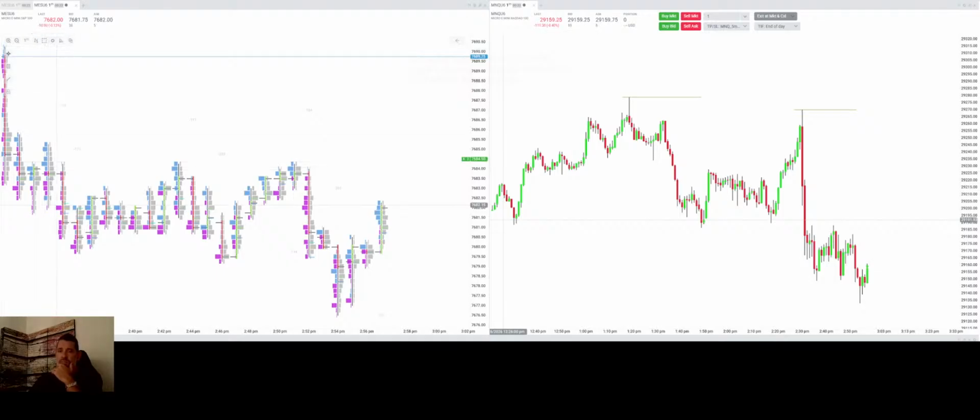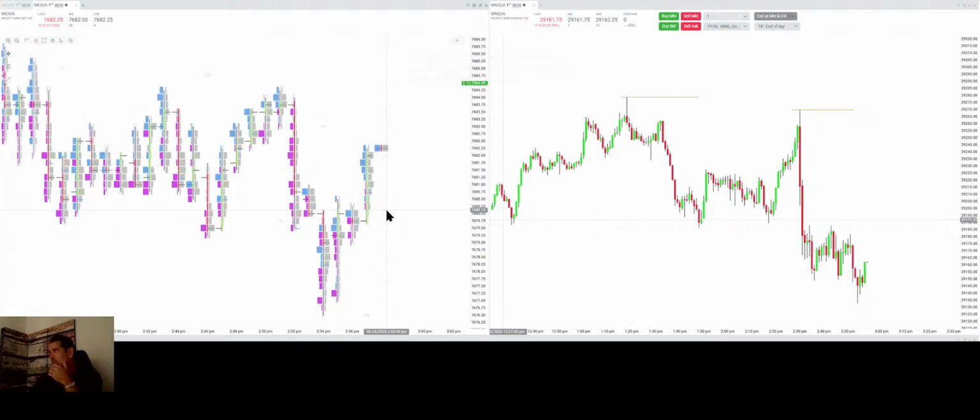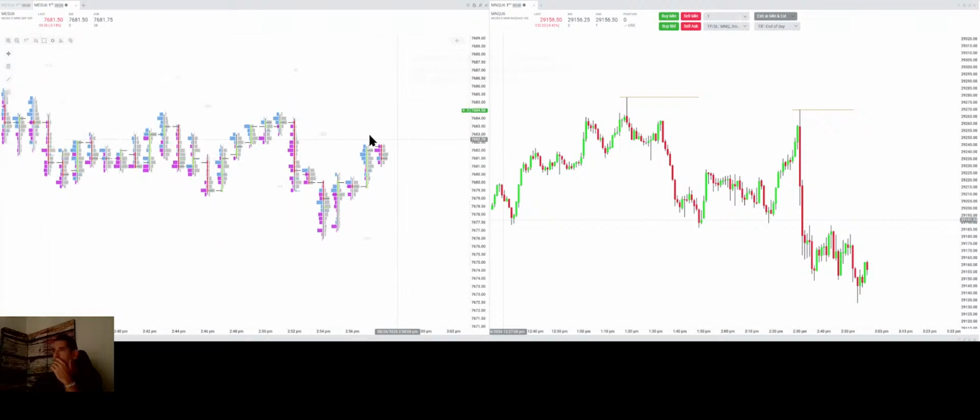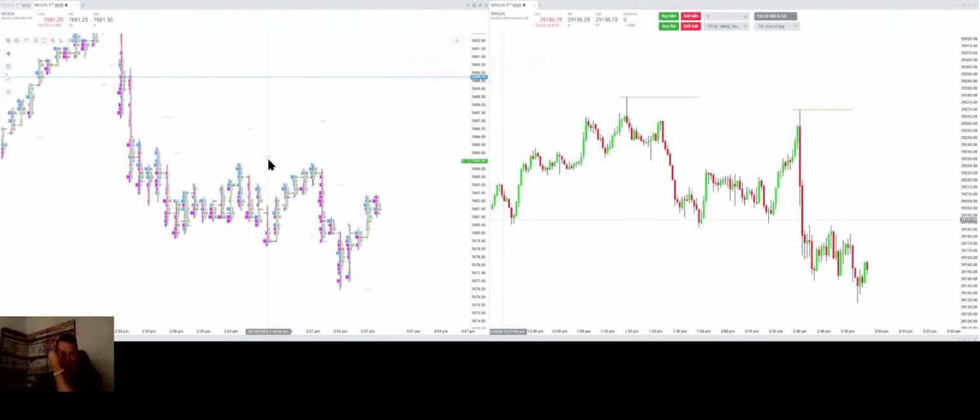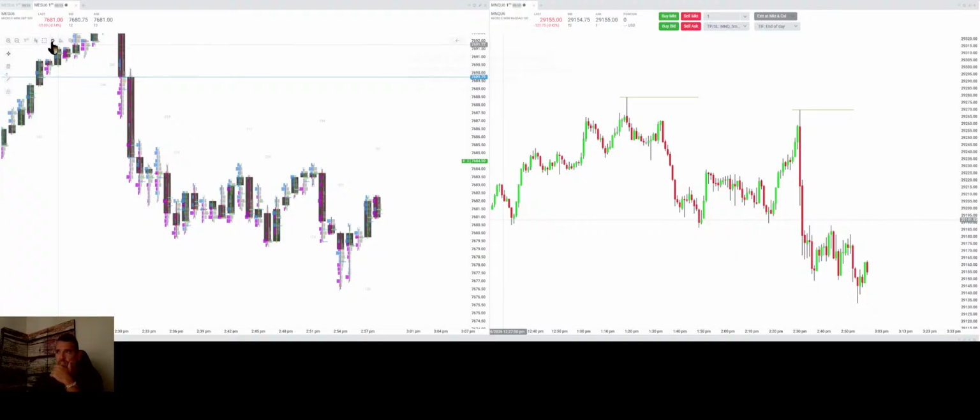Okay, this doesn't work. Maybe we do add on. We'll see. Also for the NQ. Right, I have auto fit on here. We're gonna turn it off. Actually I need the bars, but I need to turn them off. I need candlesticks.